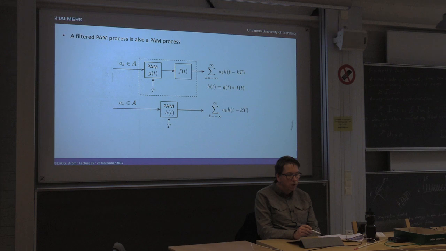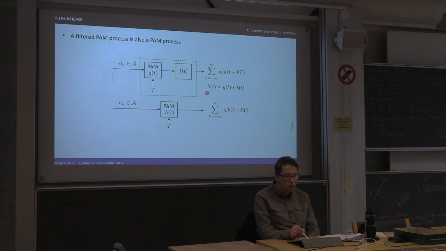We will see later on that we will often filter pulse amplitude modulated processes, and if we do that, we get another PAM process. So if we have a sequence of A_k coming in, each of these A_k multiplies a delayed version of the basic pulse shape, and then we feed that through a linear time invariant filter with impulse response f of t. The output we get is a pulse amplitude modulated process with the same amplitudes. So A_k is the same as we had in the input, and it's multiplied with delayed versions of a pulse h.